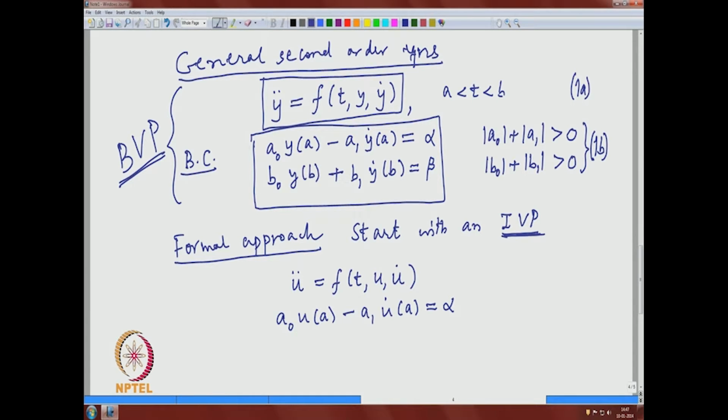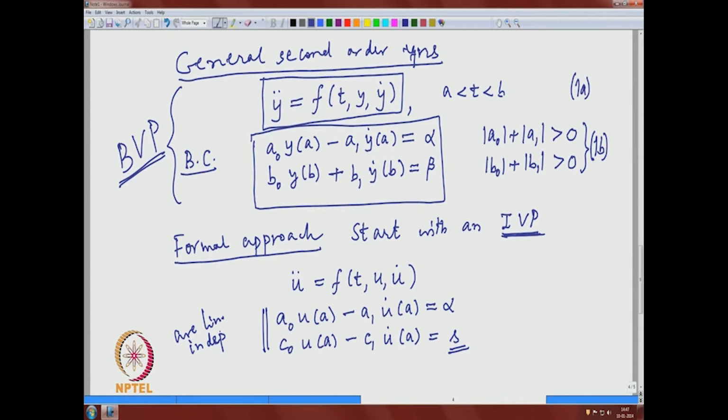And now I will have another independent condition at a only: C0 u(a) minus C1 u dot(a) equal to S. Yes, and this S is at my choice. So, S is any real number for the time being. Okay. And these two conditions are linearly independent. What does that mean?